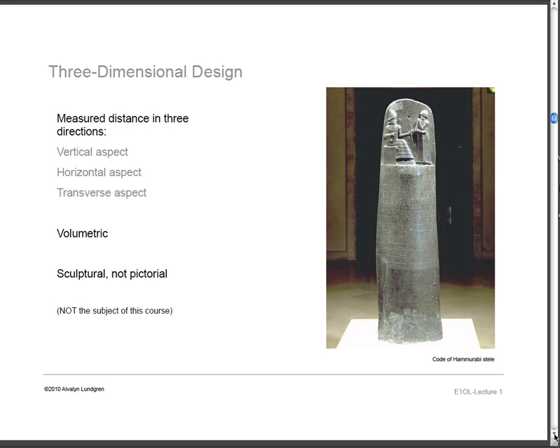So sculptural is in the round, it's three-dimensional, and one of the earlier known understandings of a piece of sculpture is the Code of Hammurabi in Mesopotamia, depicting Hammurabi giving the law and then the written law, so everybody could see this, walk around this, and so forth, and understand the law, basically. So that's three-dimensional.